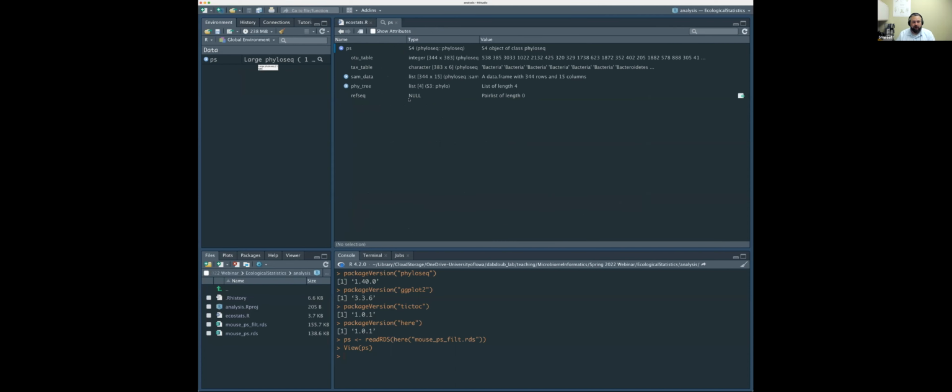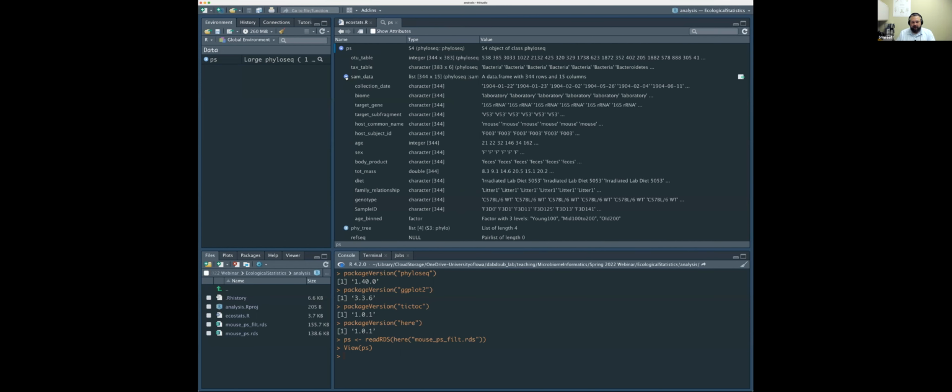If we look at what's in there, there is an OTU table, a taxonomy table, and sample data, which is essentially metadata: all the information about each of the mice, their age, sex, diets, all kinds of stuff.